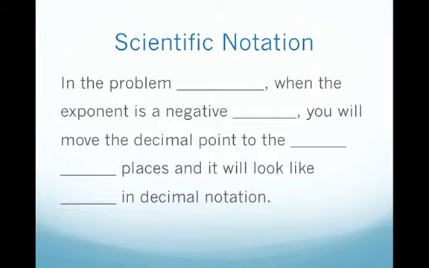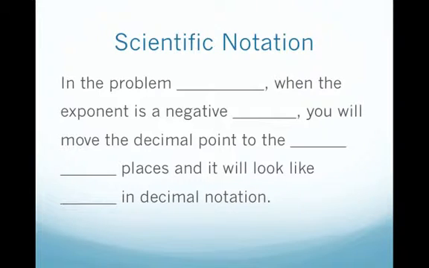Second sentence frame for scientific notation. In the problem blank, when the exponent is negative blank, you will move the decimal point to the blank blank places, and it will look like blank in decimal notation.